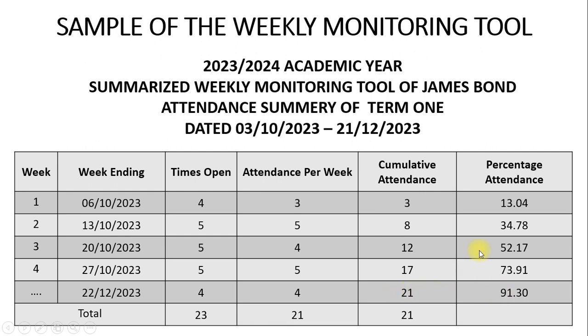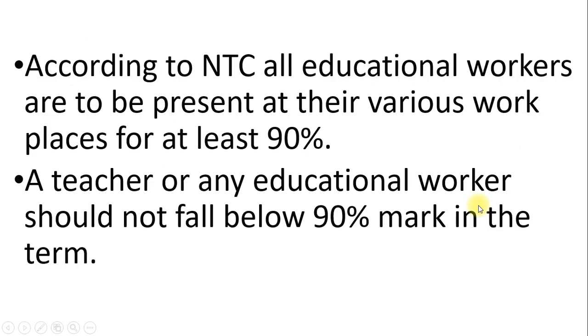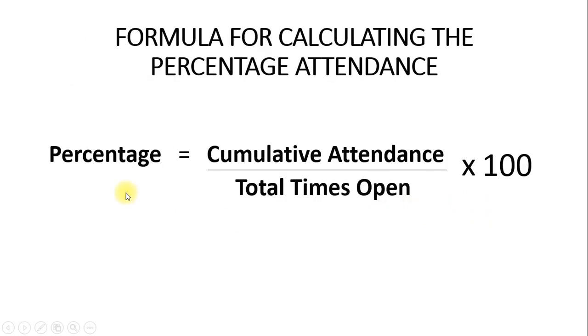So what we are going to do, as for the percentages for every week, is the formula. Don't forget the formula. So I'm going back to the formula. You see the formula is this. The formula says percentage equals cumulative attendance out of total times open times 100.